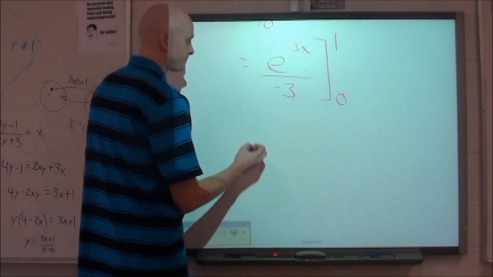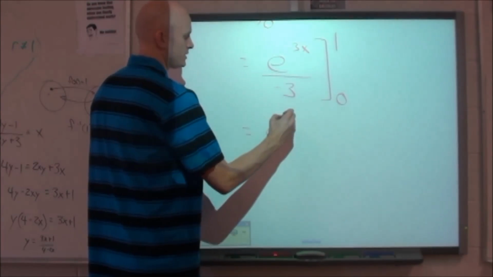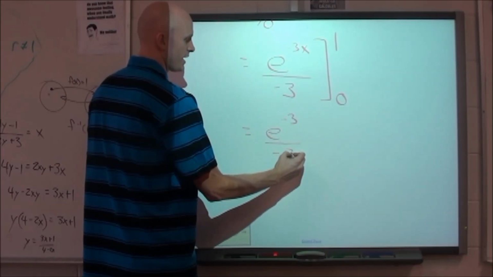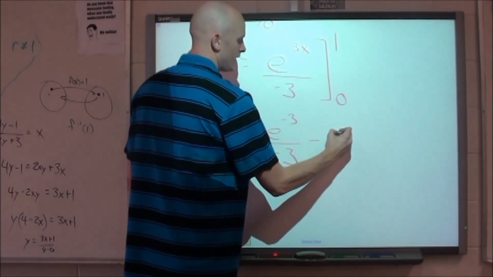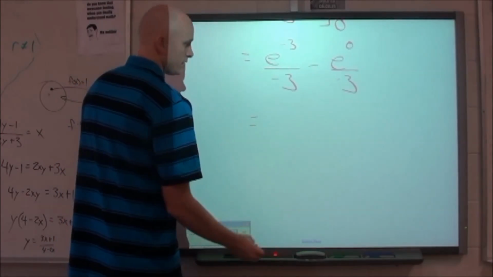Simplifying further, we have e to the negative 3 over negative 3 minus e to the 0 over negative 3.